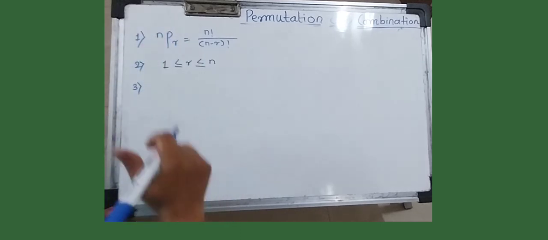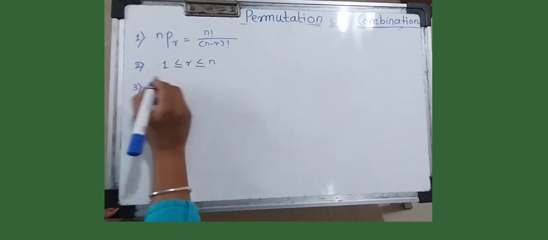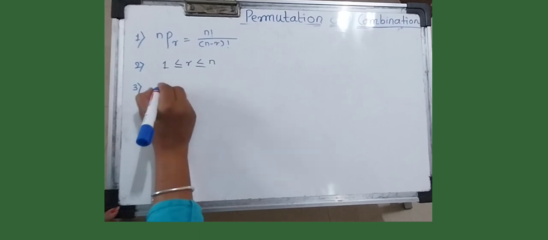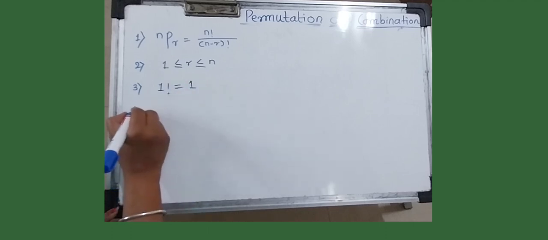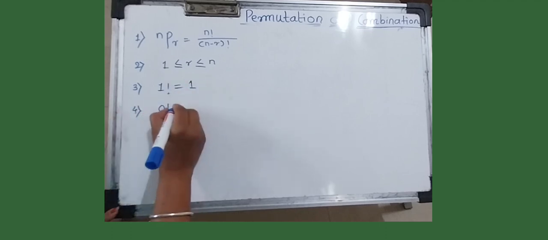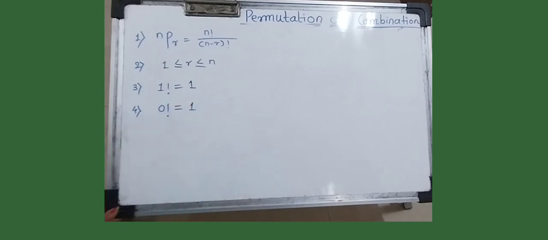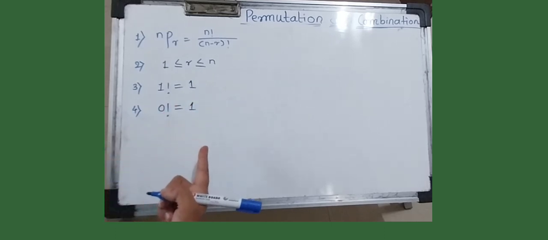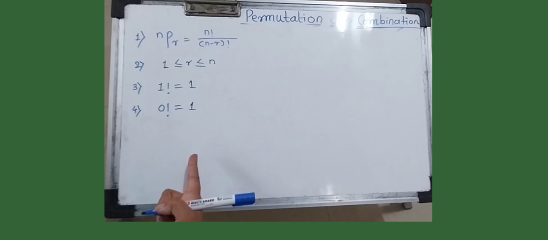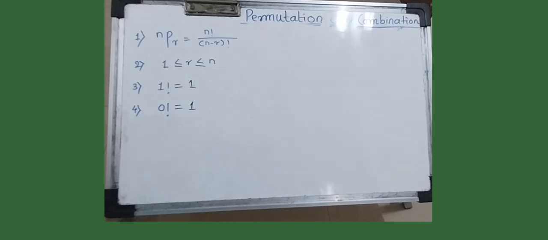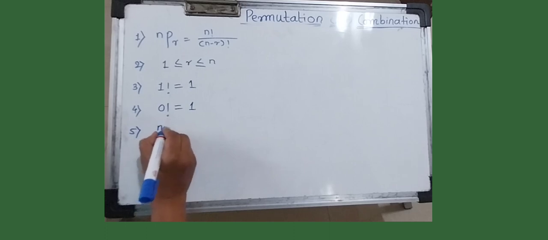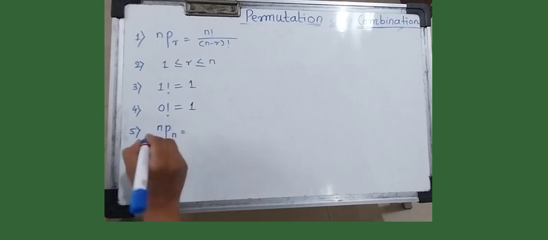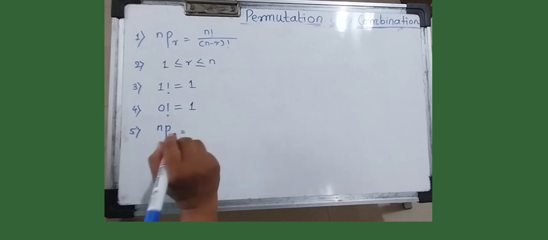Remember these things. I write here: 1 factorial is 1. Also, 0 factorial is always 1. Remember this identity. Next is nPn. nPn means r equal to n.